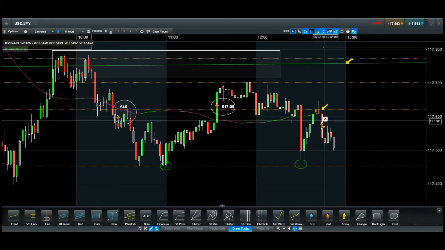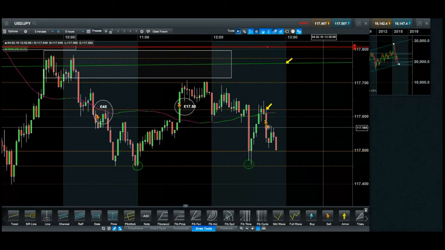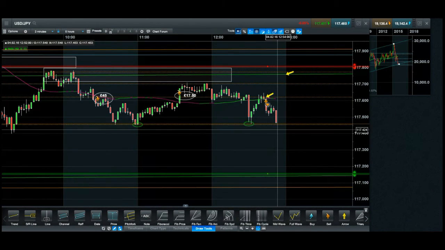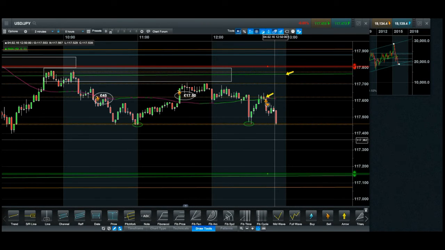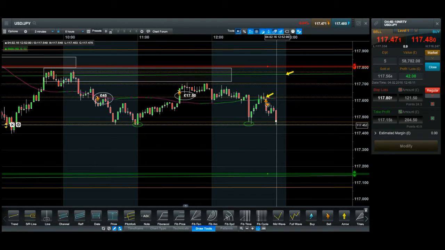Looking good. Okay, it's coming down nicely. It's touching the support area, the mini support area there. Oh, why is it so slow? Oh, okay, it's a little profit there.